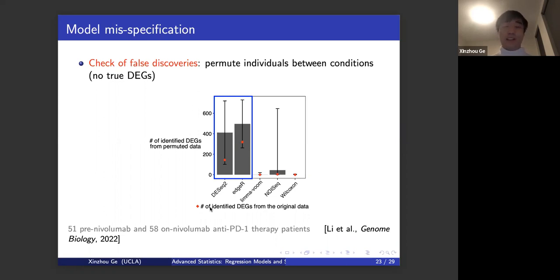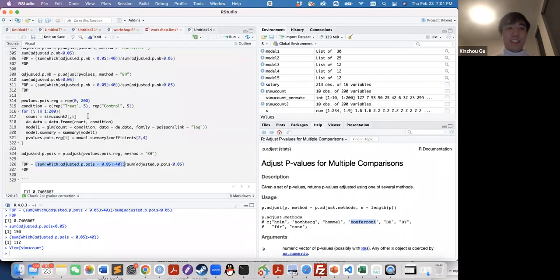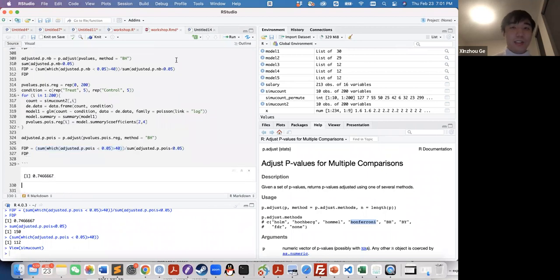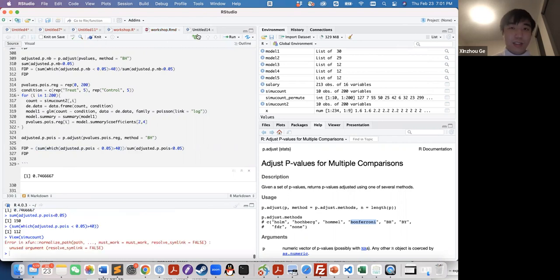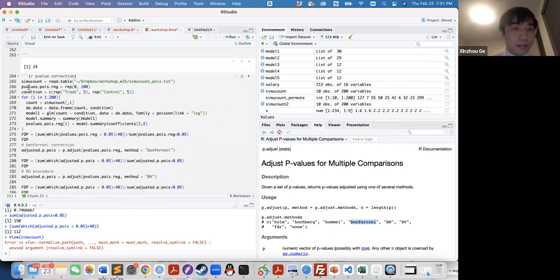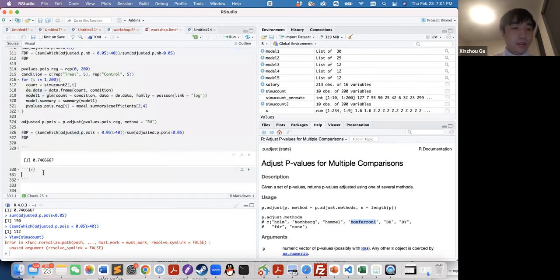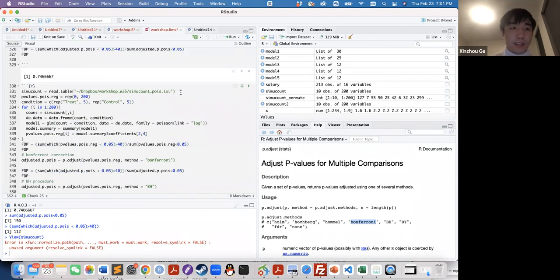So let me use our previous dataset to give you more intuition about what we have done. Let me go back to the Poisson regression. So this is the Poisson regression model, and this is the dataset that we have been playing with.